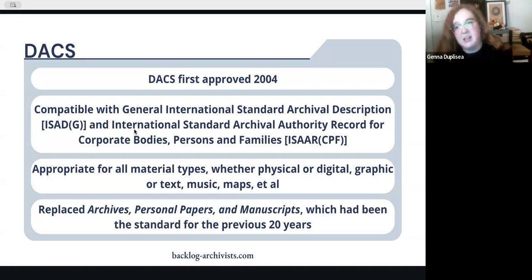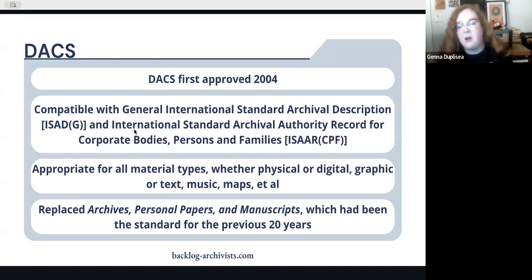So DACS is designed to be compatible with international standards, ISAD-G and ISAAR-CPF, which are both mouthfuls. So we think of it as being sort of the American and sometimes Canadian manifestation of these international standards, and can be crosswalked to them.